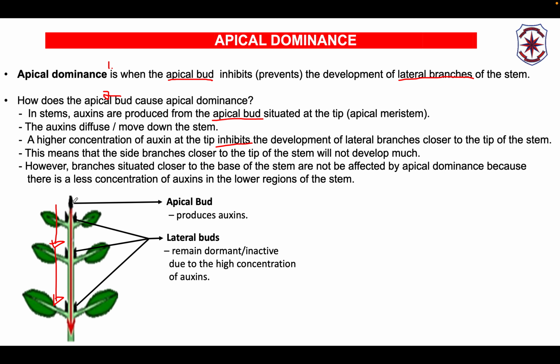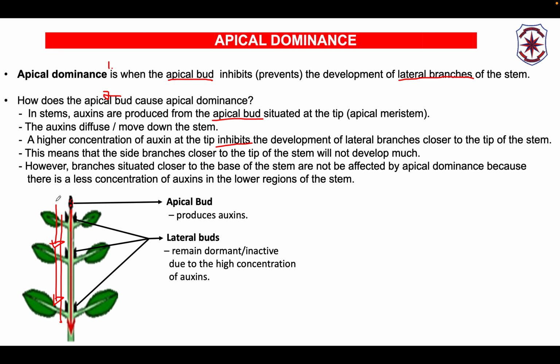Because auxins are produced at the apical bud, and the auxins diffuse down the stem, there will be a greater concentration of auxins at the tip of the stem, and as the auxins diffuse down, there will be less and less auxins.